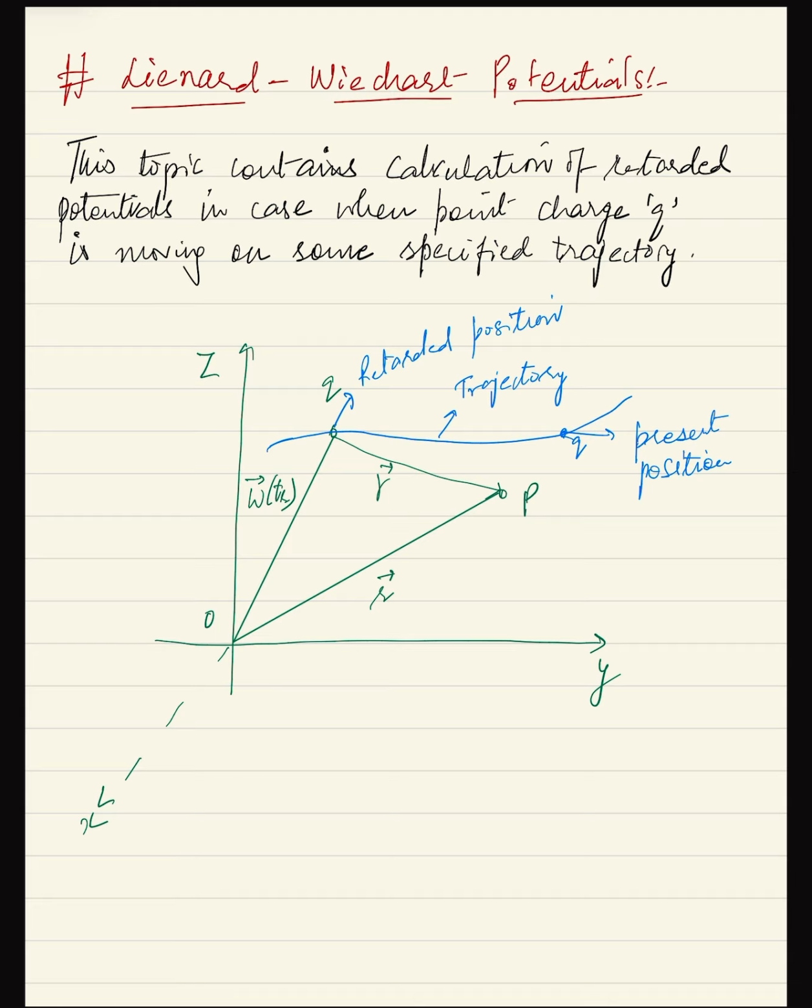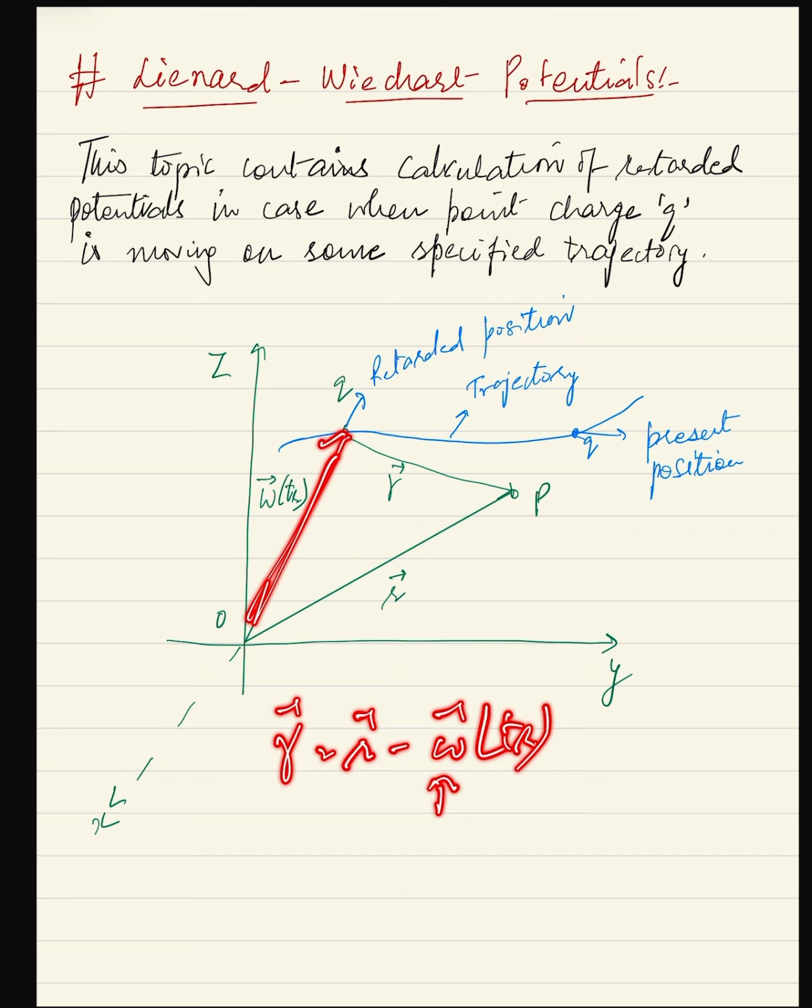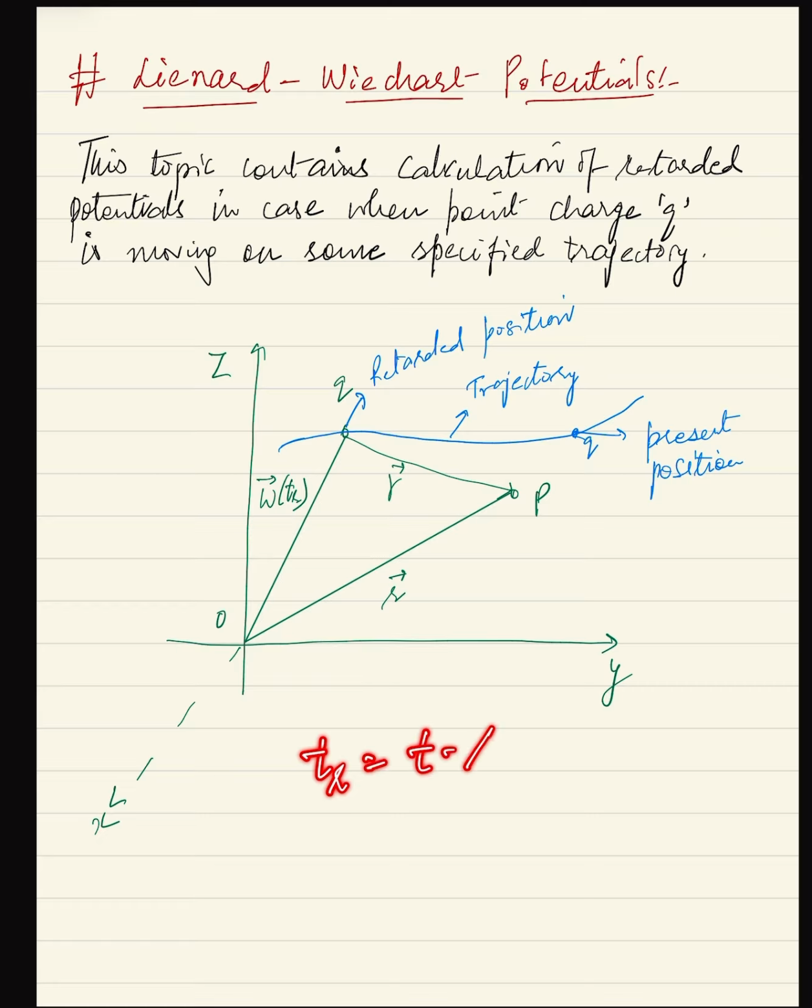The source is not at its usual point, and now it is traveling along some trajectory, and the distance between the source and observer is now r minus w(t_r), where this w, the position vector of the source, is a function of retarded time. So what will happen at that time? We cannot exactly write r by c because now this is also a function of retarded time.